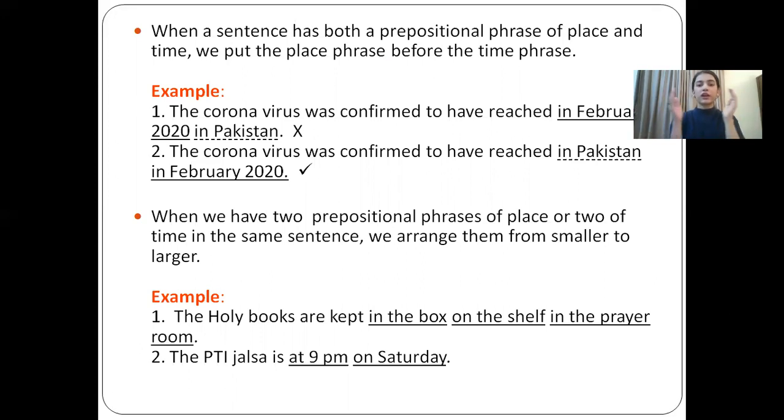You see how they are arranged from smaller to larger. Similarly, if we talk about time, the PTI Jalsa is at 9 p.m. on Saturday. First, we come to the hour at which the PTI Jalsa is going to be held, and then we talk about the day. So this is how we arrange them from smaller to larger units.